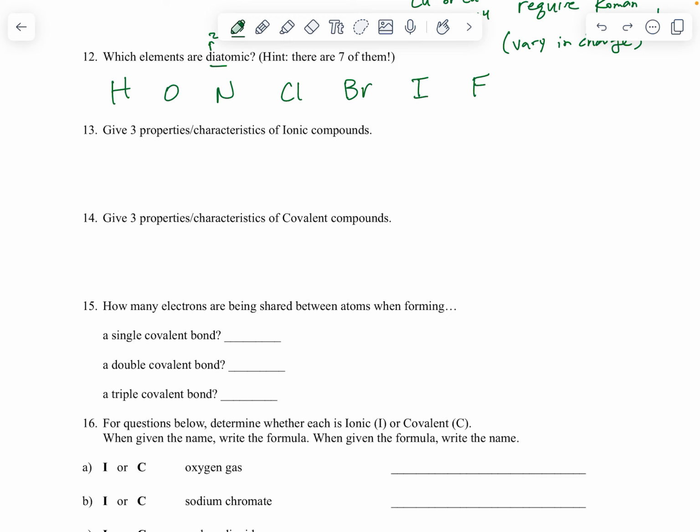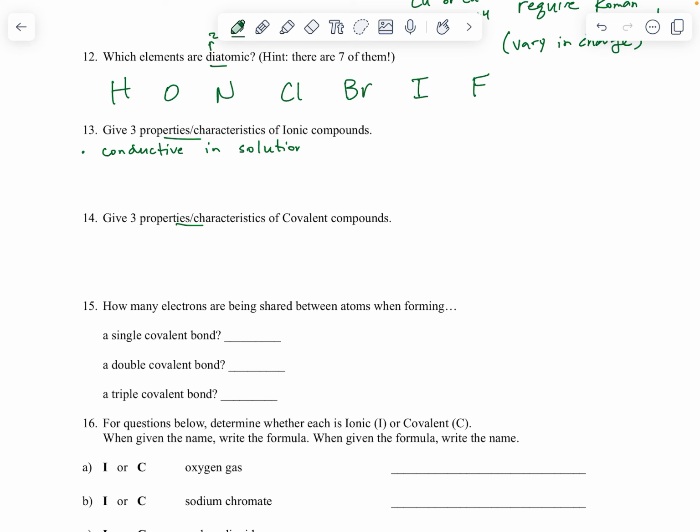Properties of ionic compounds. Again, properties or characteristics for these are how they act and what they do. Because ionic compounds have a metal, we can say that they are conductive in solution.